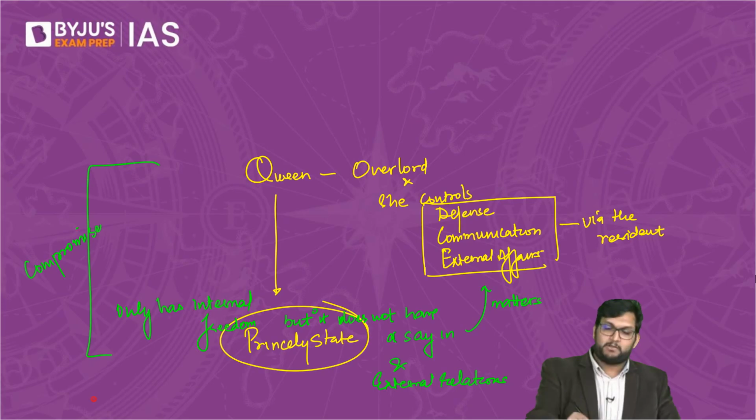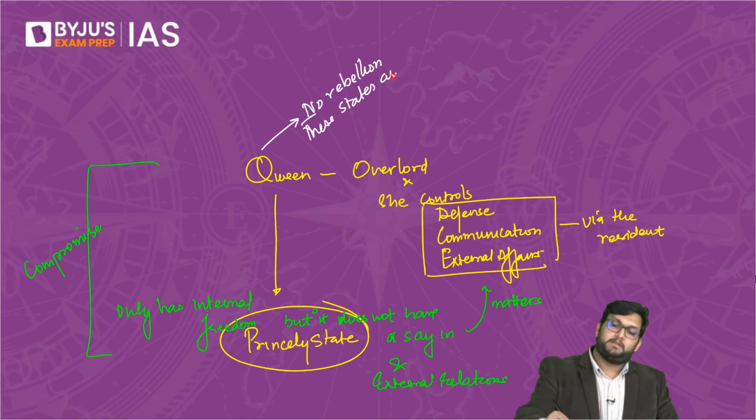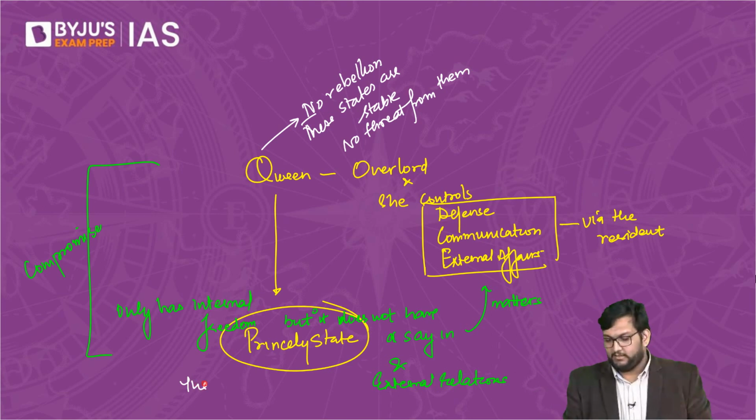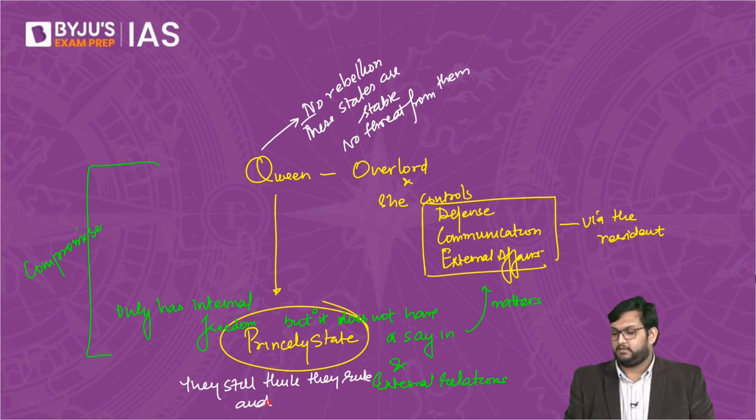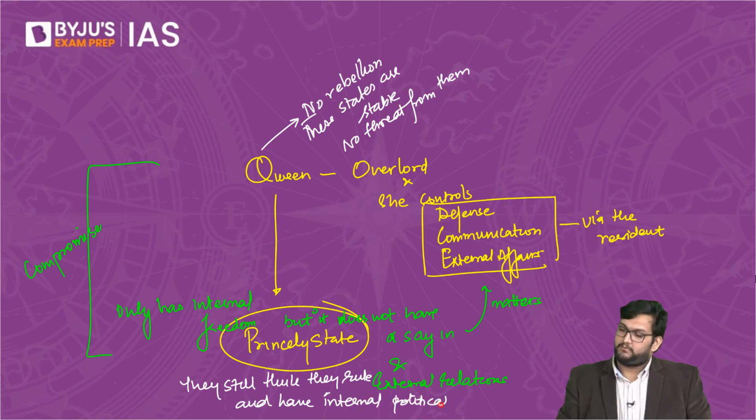The compromise is that for the queen, no rebellion, these states are stable, no threat from them, they still think they rule and have internal political freedom.